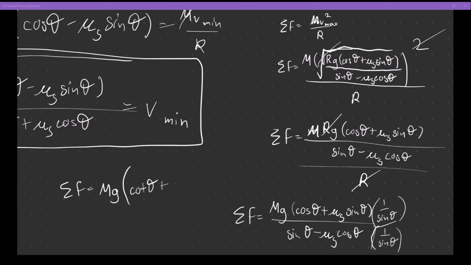Sines cancel, it's just plus mu s, over 1 minus mu s times cosine over sine, which is cotangent theta.